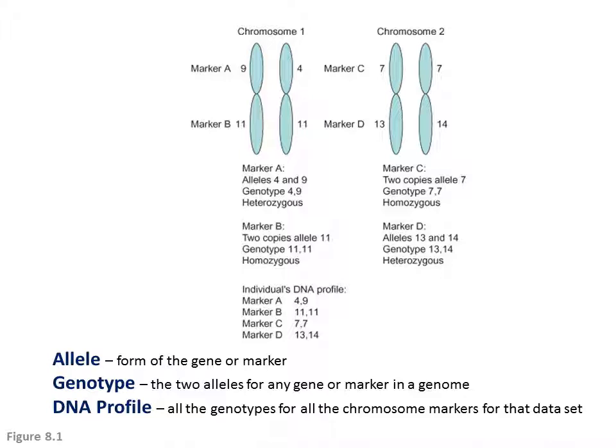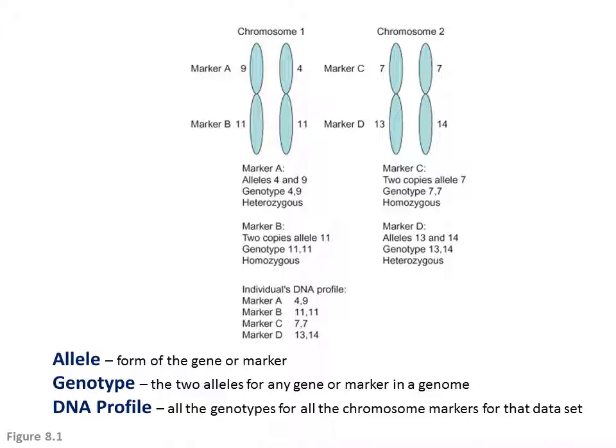So here what you can see is with regards to marker A on chromosome 1, this individual has 9 copies of that particular variable number of tandem repeats from one copy of the chromosome, say chromosome 1 from mom, we could say it's the one on the left, and the one from dad on the right has 4 repeats of that particular marker.